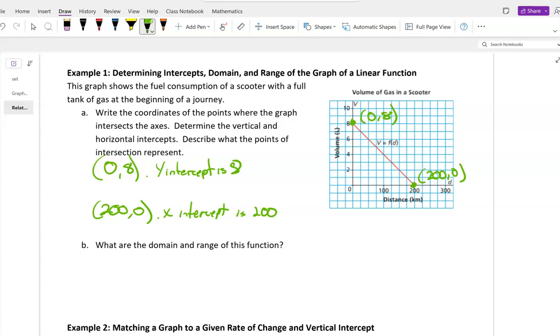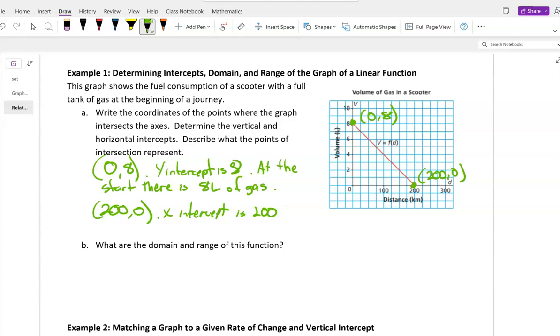Describe what the points of intersection represent. Okay, so this is gas in a scooter, and we could say the initial amount at the start, at the start, there is 8 liters of gas.